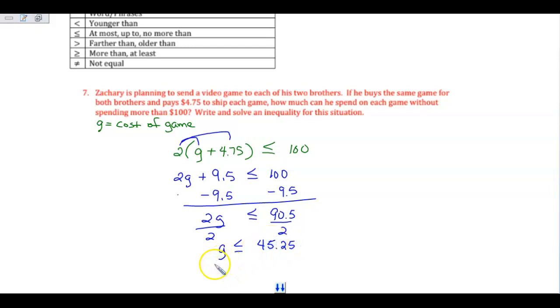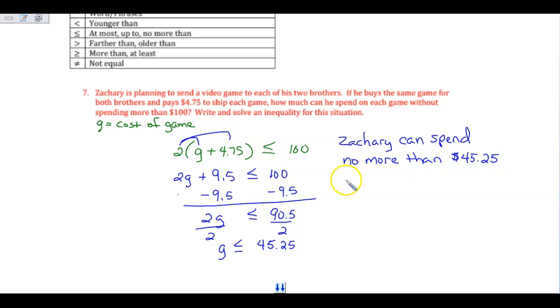So what we've discovered is that he can spend no more than $45.25, or you can say that Zachary can spend no more than $45.25 for each game.